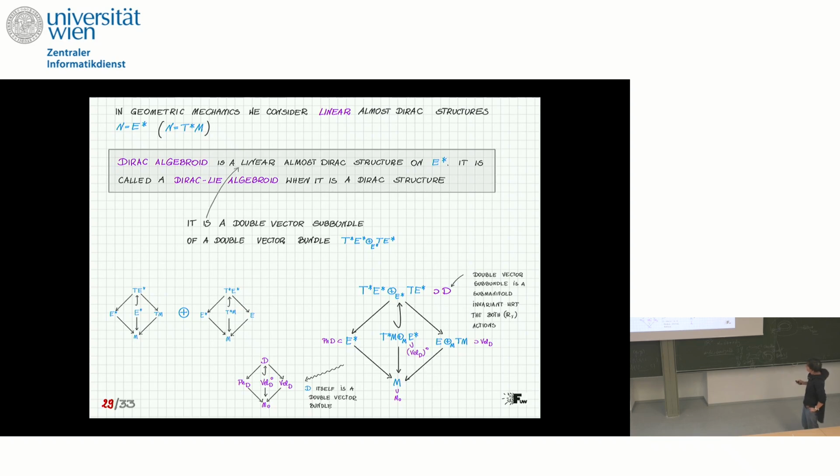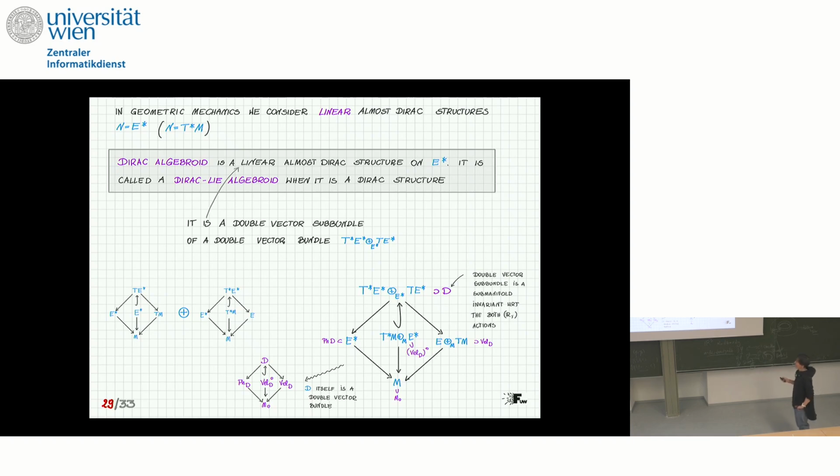So I get this subbundle over E star here. And on the other leg of this projection, what I get from the sum is the Whitney sum of E and TM. And I get something in the core, which we will see.